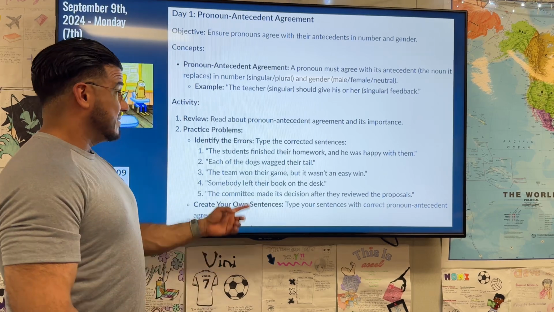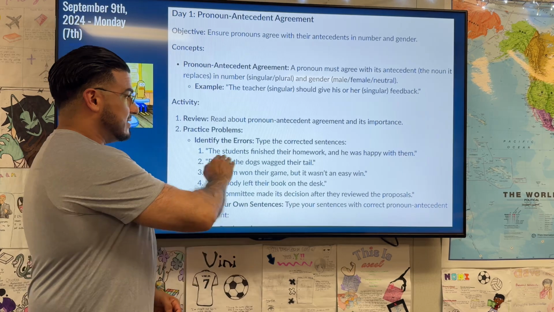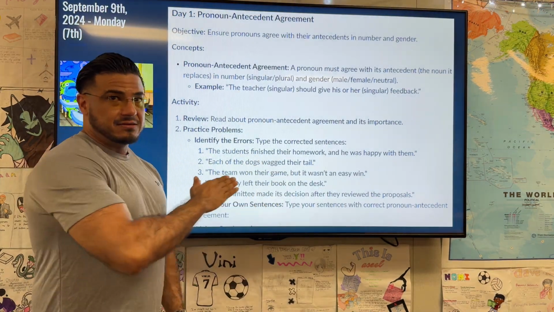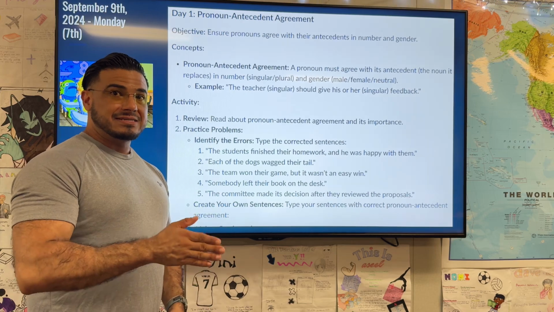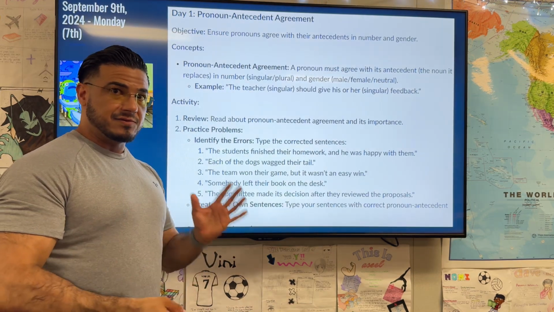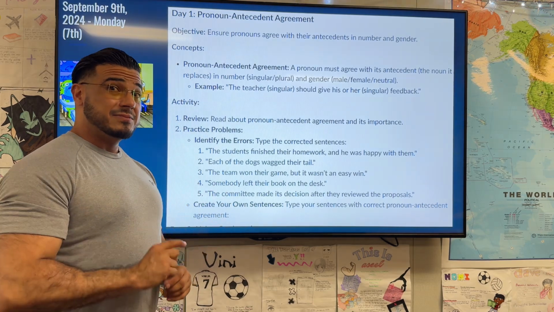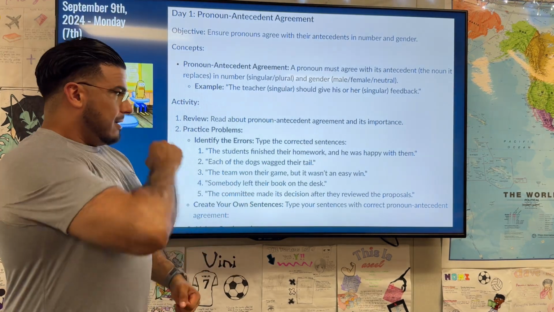So instead, because it's an animal, we're going to use the singular object. So each of the dogs wagged its tail. And it's a singular possessive object, so ITS, no apostrophe, because in that case it would be a contraction of it and is. So again, the possessive object pronoun its: wagged its tail.